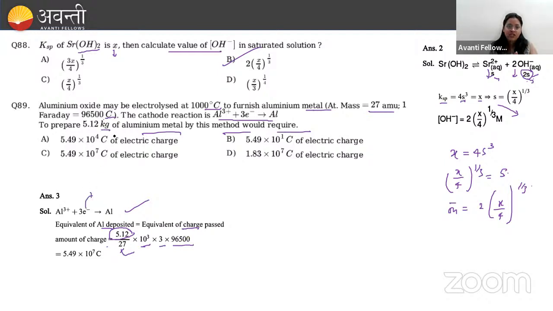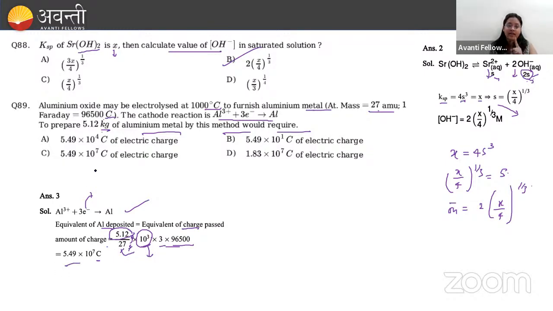We converted kg into grams here, so we multiply by 10 raised to 3. The grams cancel, and whatever we get will be in terms of Coulomb. So how much is the charge?